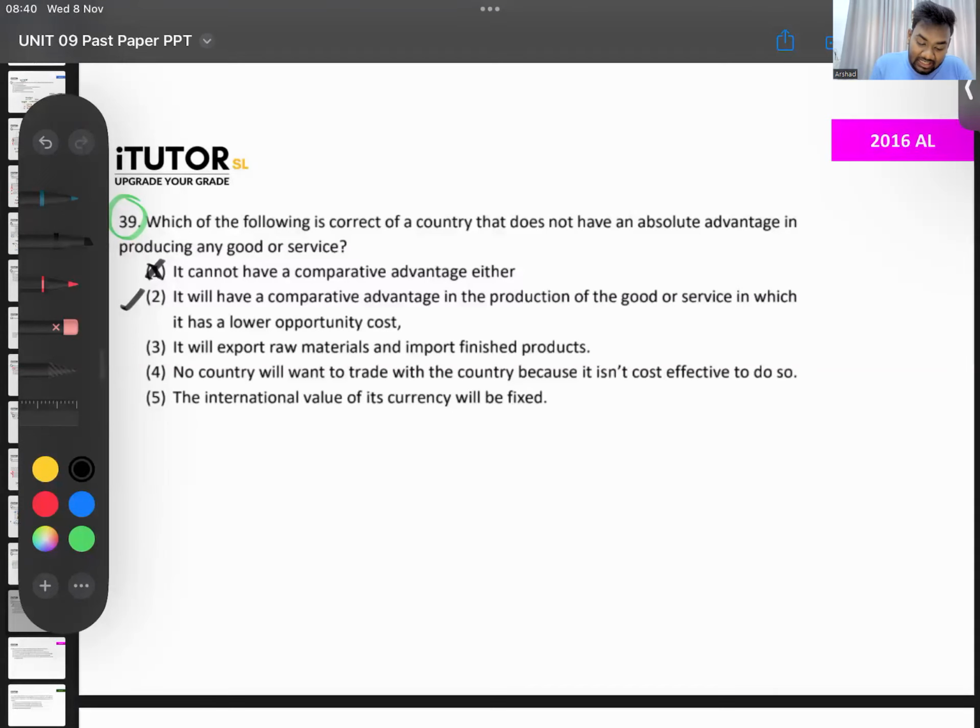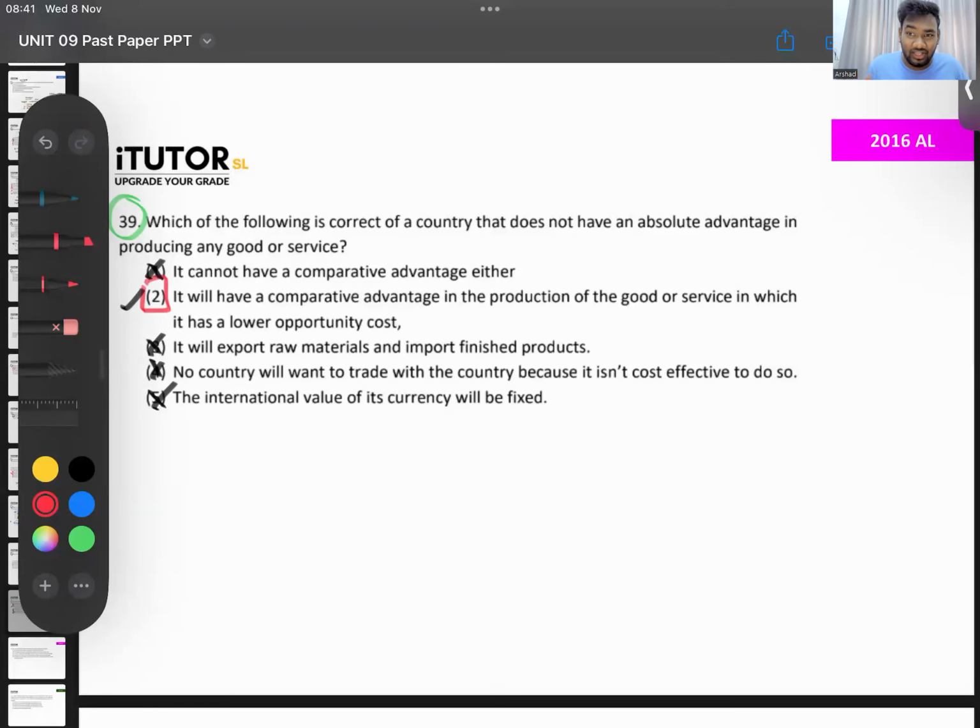We'll see. It will export raw materials, import finished goods. No nonsense like that. No country will want to trade with the country because it isn't effective. So absolute advantage, they don't have. But if they have a comparative advantage, some countries might trade with them. So no. International value of its currency will be fixed. No nonsense like that. So it can be this.